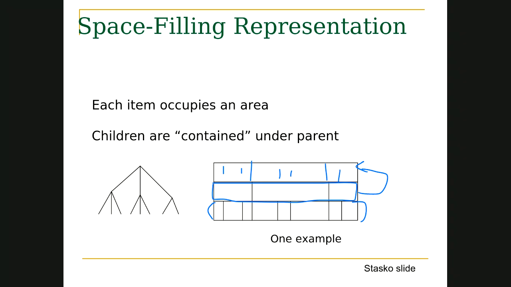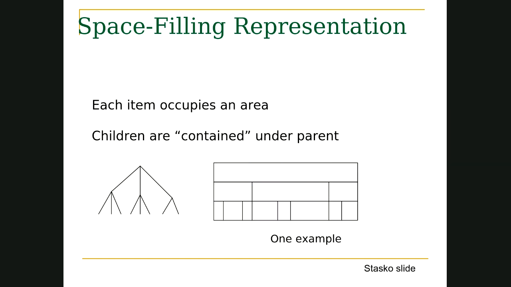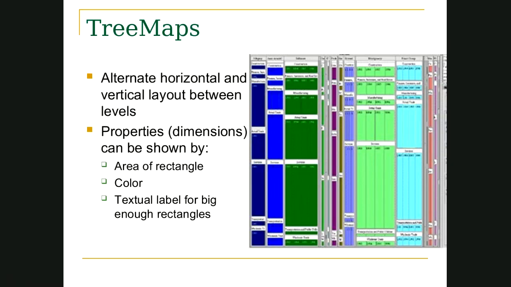So basically, I get rid of 2/3 in this example. It's not true in general, but I get rid of 2/3 of the space that I need because I put children inside their parents inside their parents, and so forth. And I do that recursively. And that's the idea of space filling technique. So now all my pixels are going to be used. Obviously, if I want to use it on a screen, I can use the screen's aspect ratio. So that is the idea of tree maps.